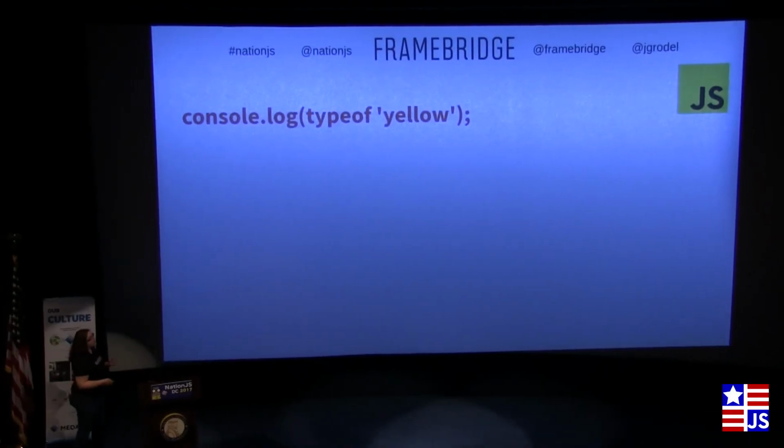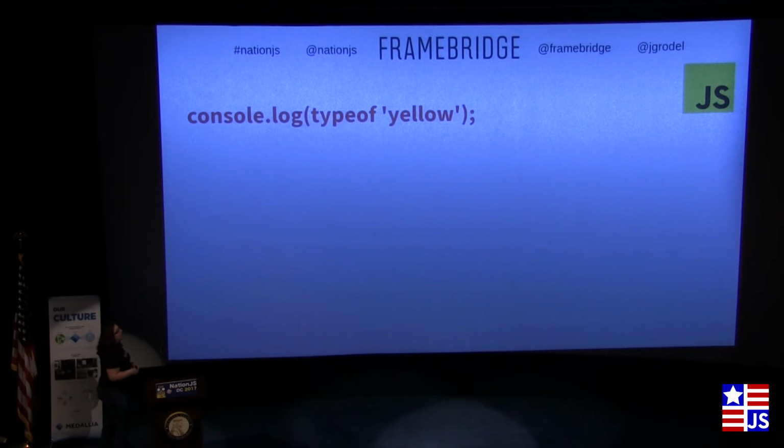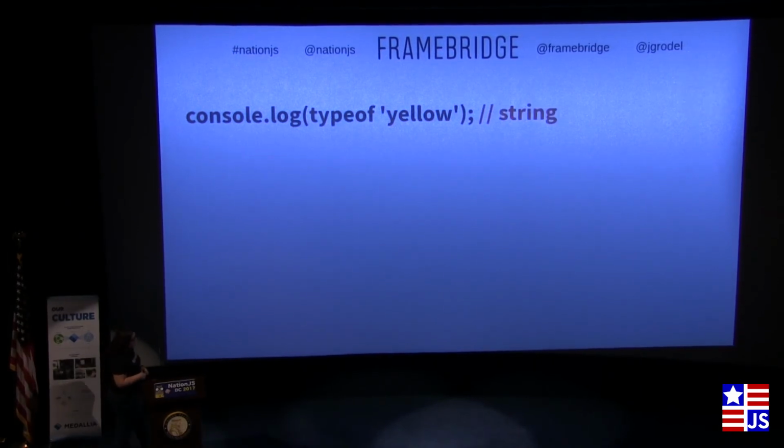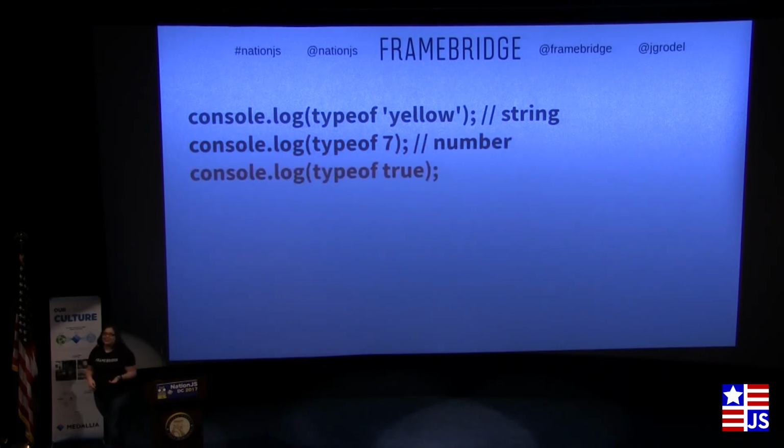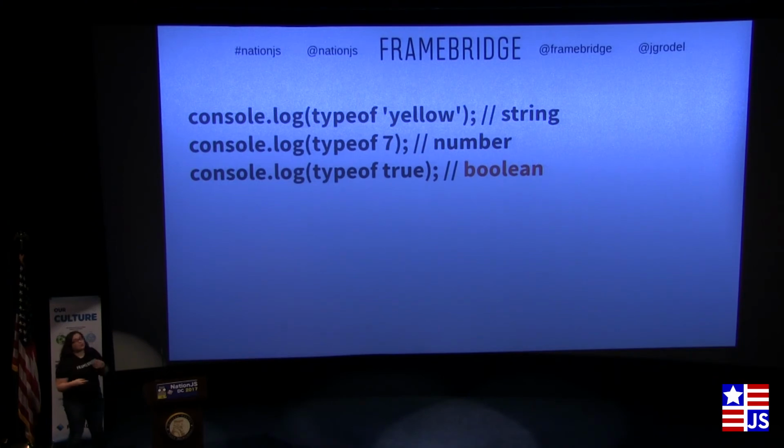With a string, like the string of yellow, we can ask for the type of it, and we'll get string. We can ask for the type of 7, and we'll get a number. The type of true, and it's a boolean. So these are string objects, and number objects, and boolean objects, but we call them strings and numbers and booleans.